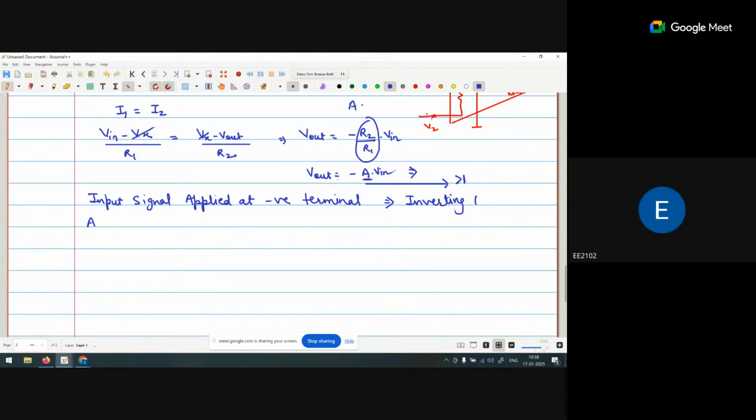Okay, if A is greater than 1, the output voltage is the amplified version of the input voltage with negative sign.